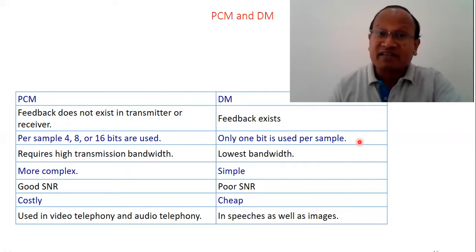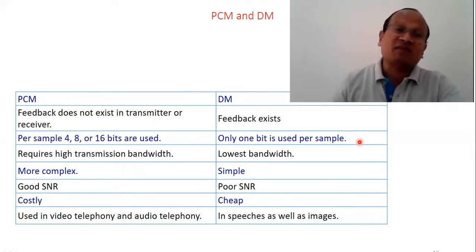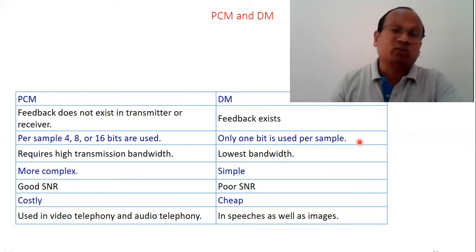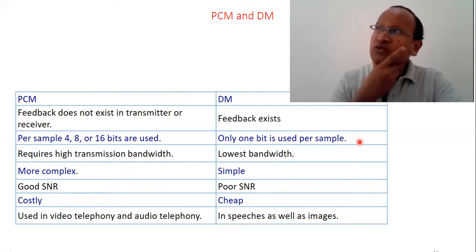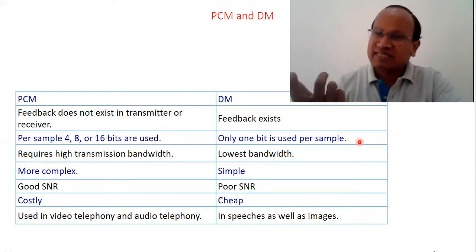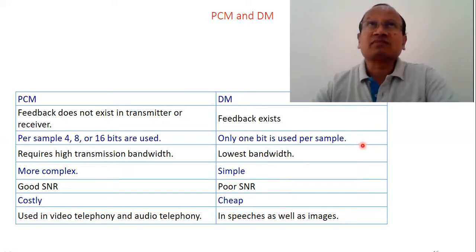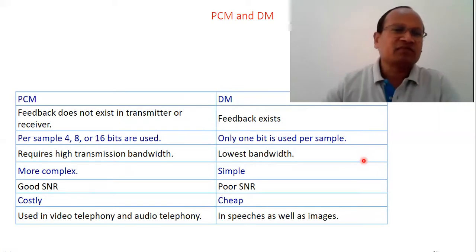It may be 6 bits. It depends on the number of steps, on the step size. If the number of steps is 64, it will be 2 to the power 6, and therefore each sample will require 6 bits for encoding.